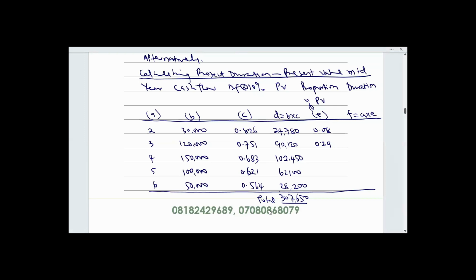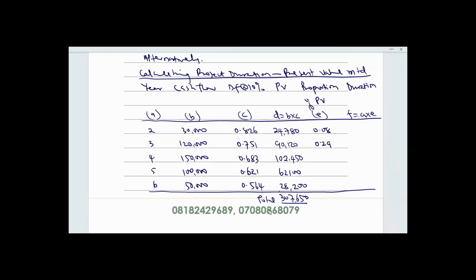Let's make it two decimal places. Next one, 102,450 divided by 307,650. What do you get? 0.33.